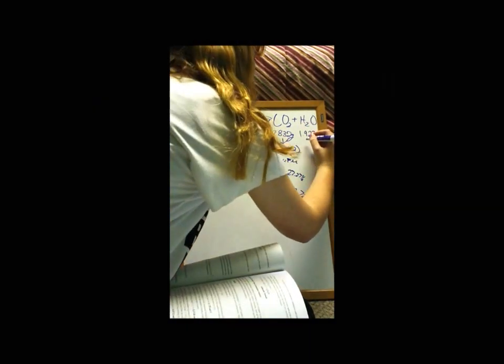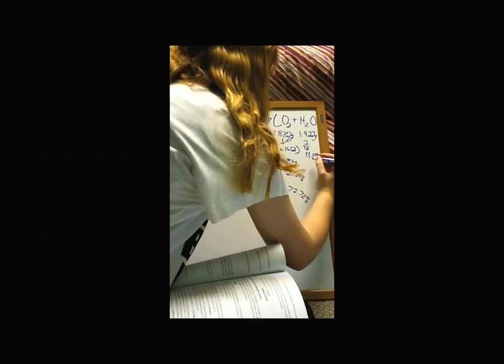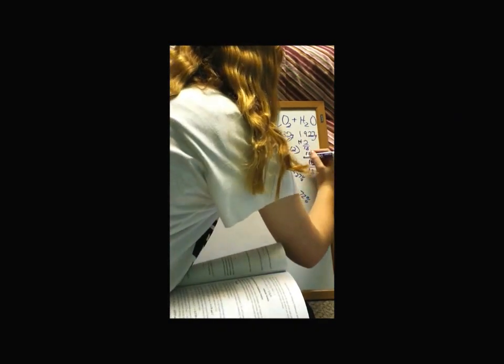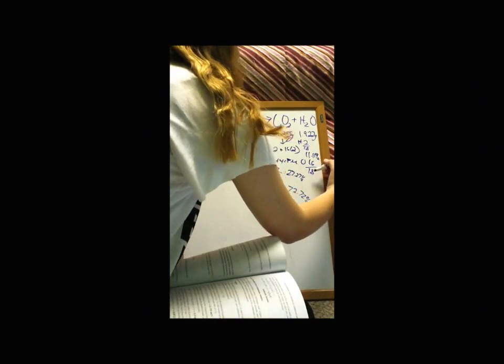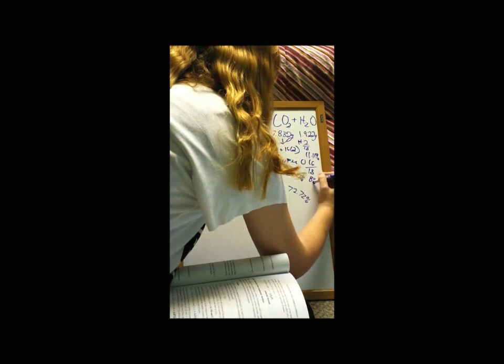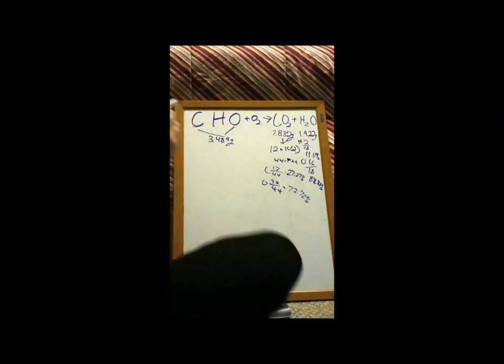And so we know that 2 over 18 for the hydrogen is 11.11%. And for the oxygen, it's 16 over 18. We wrote an H up there so you can follow. 16 over 18 for the oxygen, which is 88.88%.